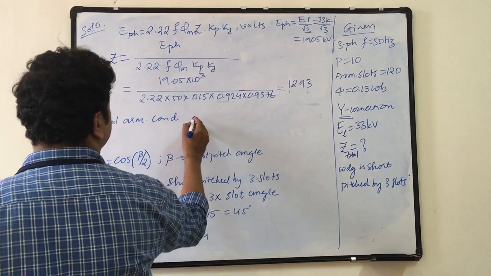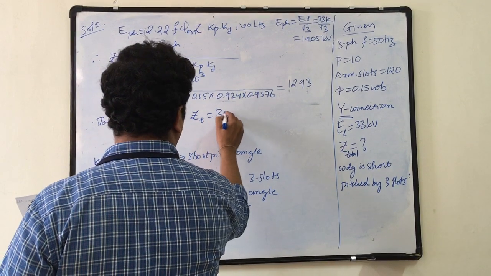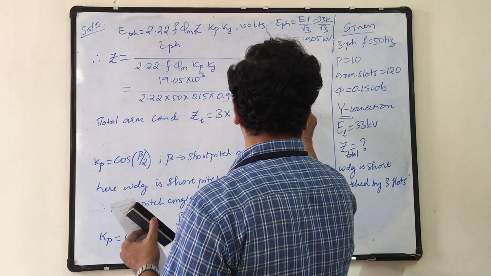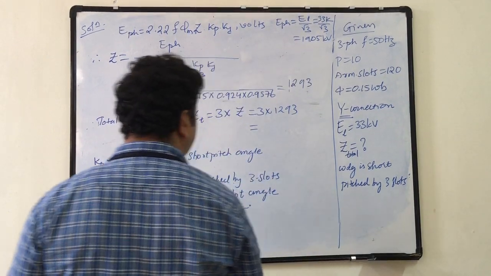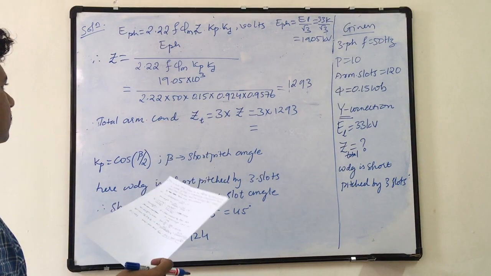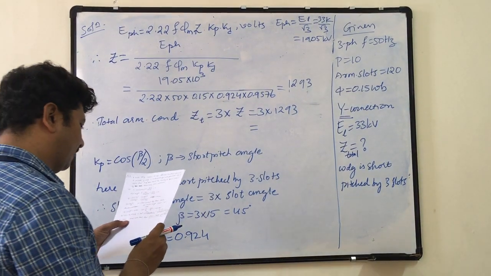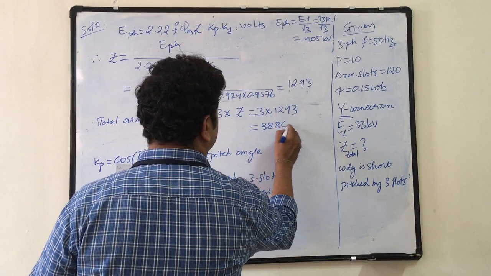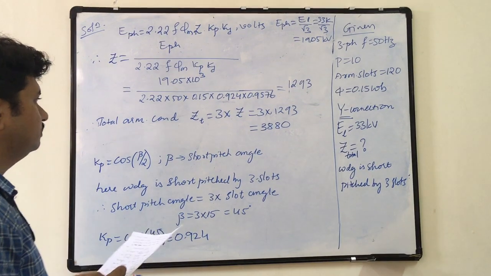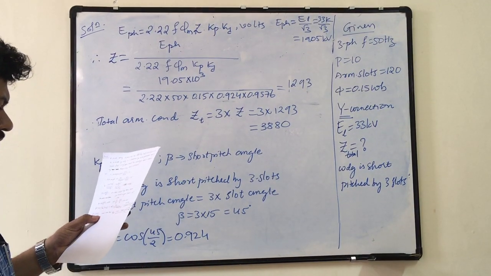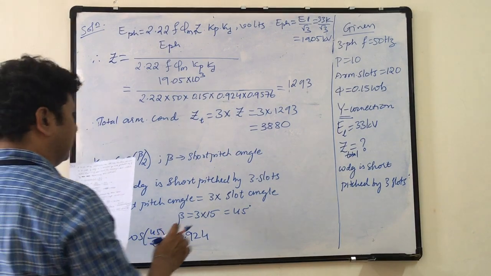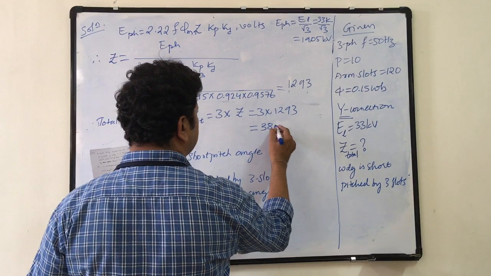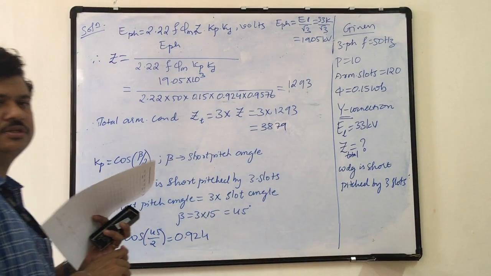ZT is equal to the number of phases multiplied by conductors per phase. That is 3 into 1293, which comes out to be 3879, not 3880. If you consider all decimals, you will get 3880.